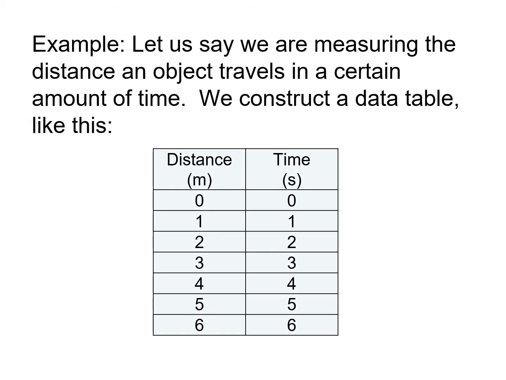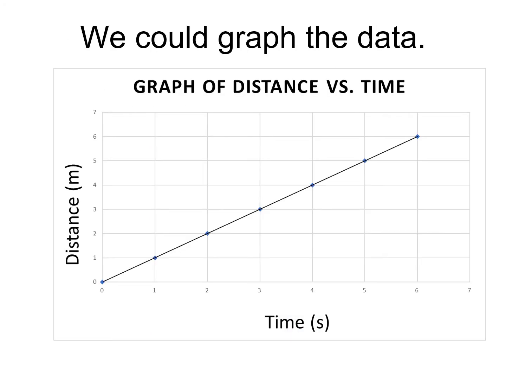Suppose, for example, that we gathered data on a moving object and we put our data in a data table, something like this. We can now construct a graph from this table. On this particular graph, I let time be the horizontal axis and distance the vertical axis.